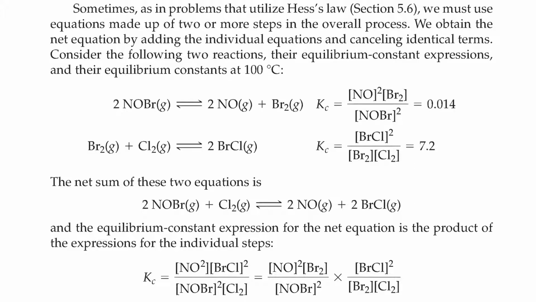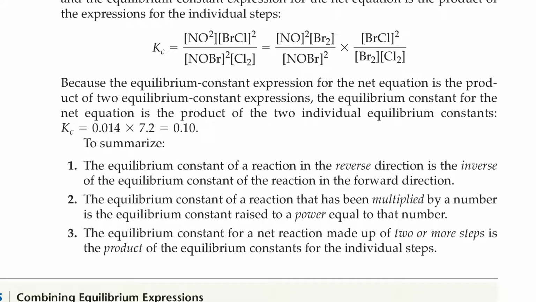The net sum of these two equations is shown, and the equilibrium constant expression for the net equation is the product of the expressions for the individual steps. Because of this, the equilibrium constant for the net equation is the product of the two individual equilibrium constants. K sub C equals 0.014 times 7.2 equals 0.10.